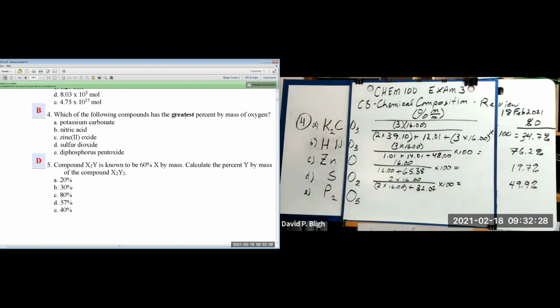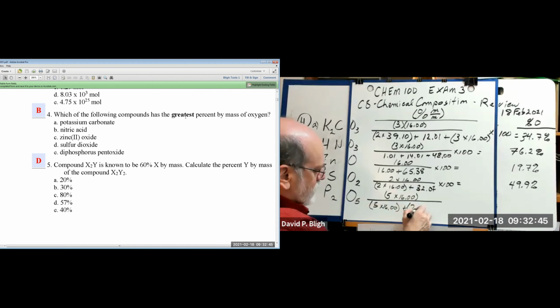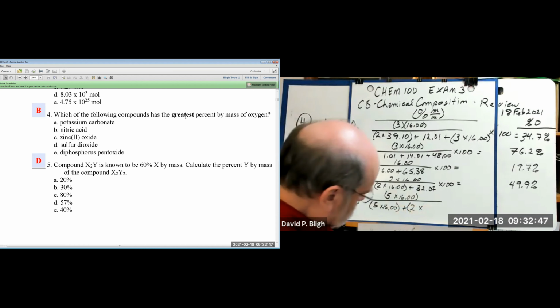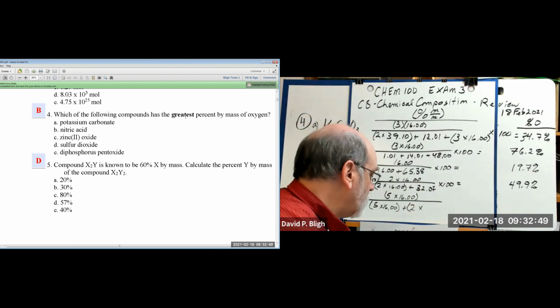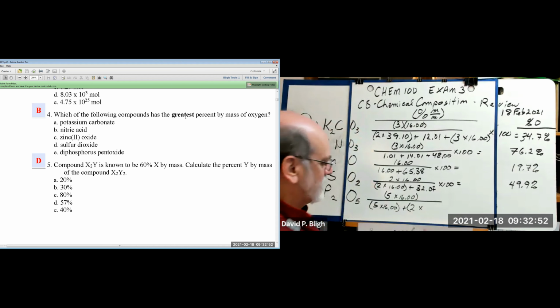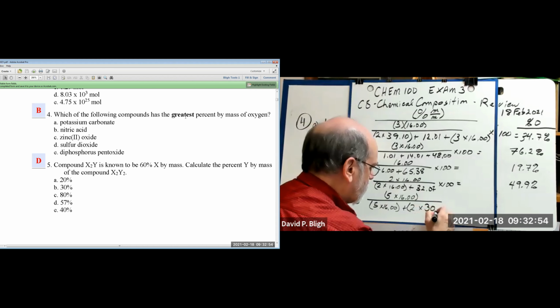Okay? And one more. P2O5. So we got 5 oxygens now. Plus 2 phosphorus, which is, look at your periodic table, 30.97 times 100.